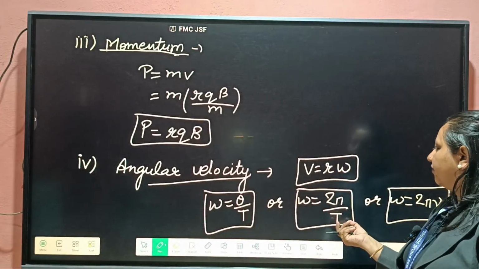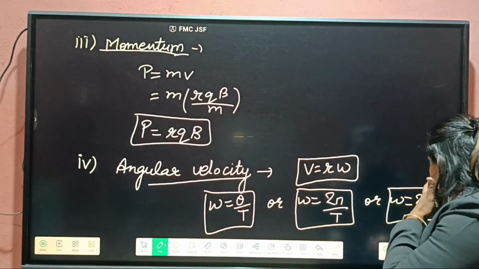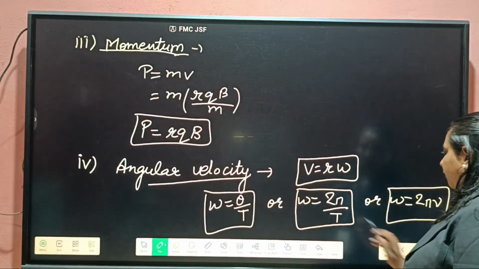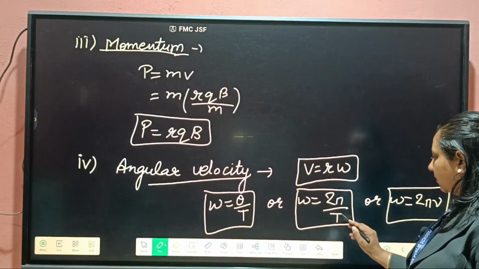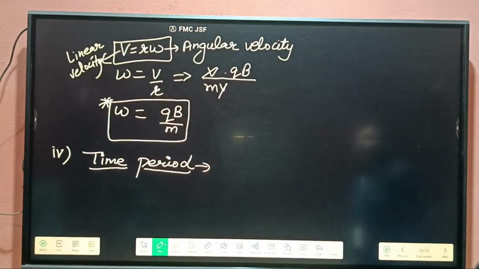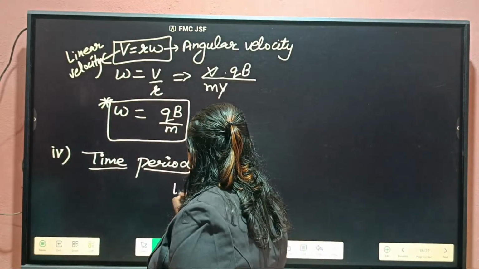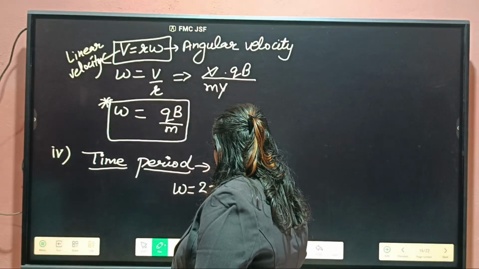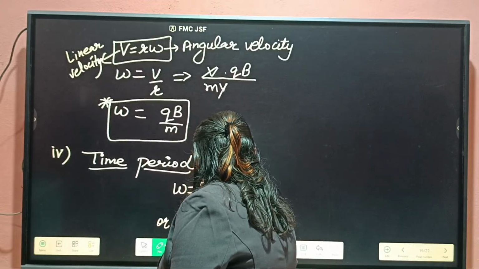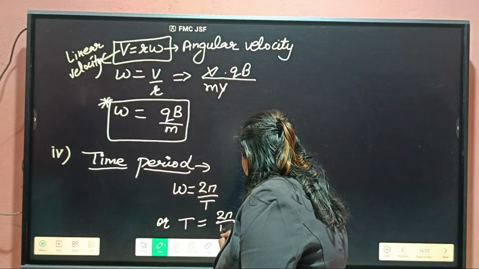By these formulas we can find omega. Now we can find the time period as well as the frequency. To find the time period, we use omega is equal to 2 pi by t, or t is equal to 2 pi over omega.